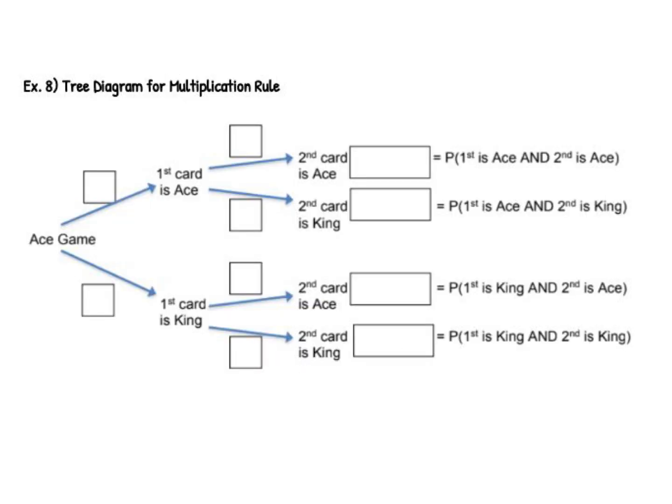So let's look at a tree diagram for this game. Remember, there are 2 aces and 3 kings. So the probability that your first card is an ace is 2 out of 5. And the probability that your first card is a king is 3 out of 5.